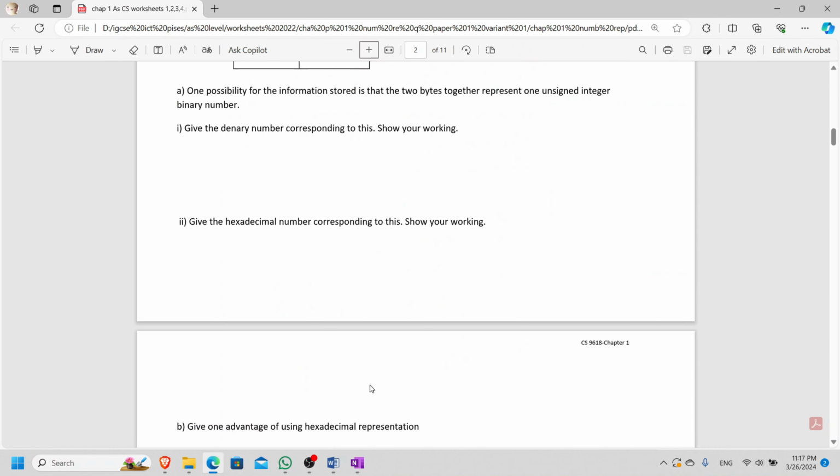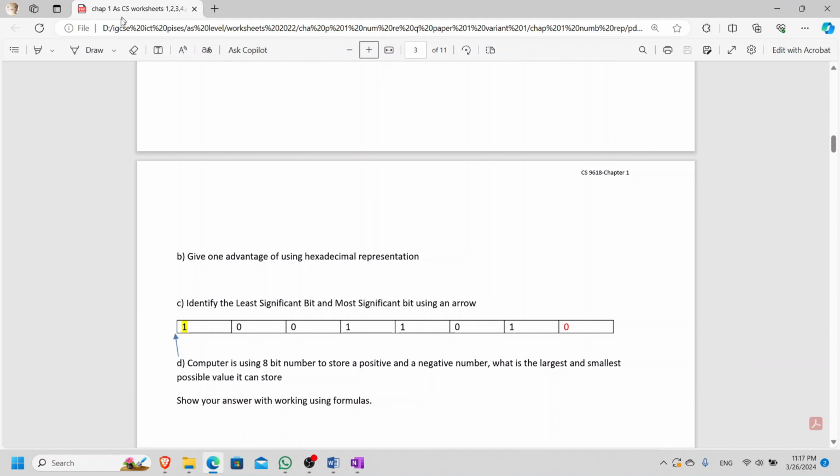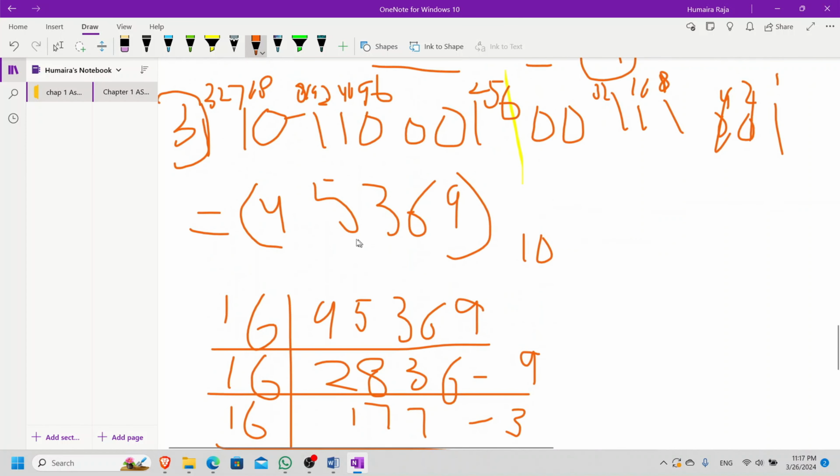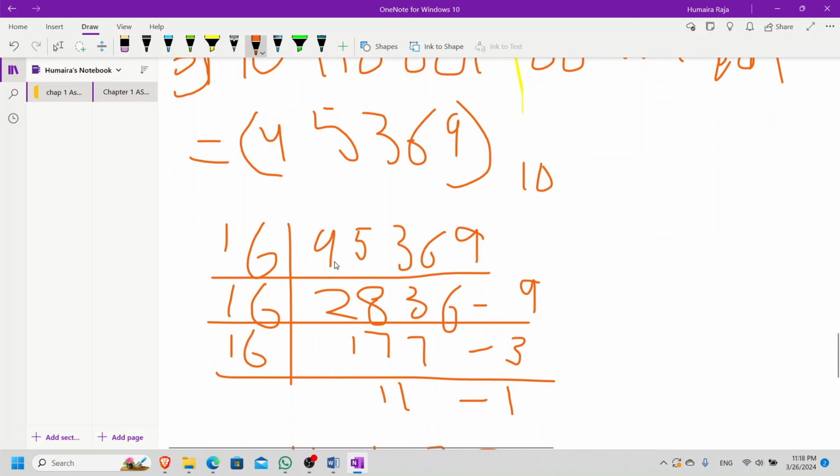Okay, so next question is, give one advantage of using hexadecimal representation. Look here, this was my binary number. How many bits was it taking? 16 bits, 2 bytes or 16 bits, and this is my hexadecimal number. You can see the difference in the number of bits used to represent this binary number and this number.